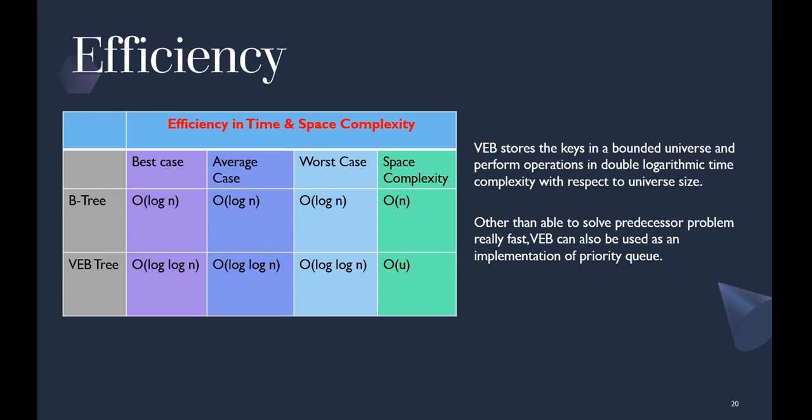VEB stores the keys in a bounded universe and performs operations in double logarithmic time complexity with respect to the universe size. Other than being able to solve the predecessor problem, VEB can also be used as an implementation of a priority queue.